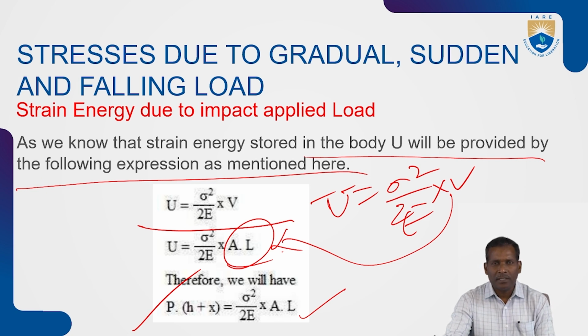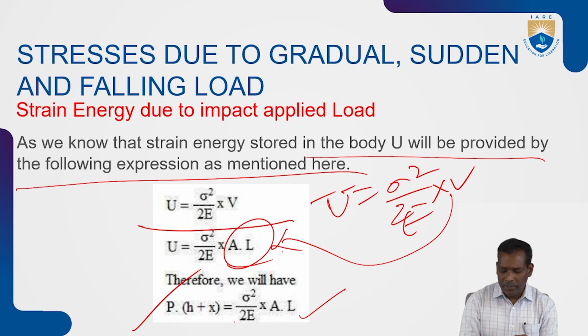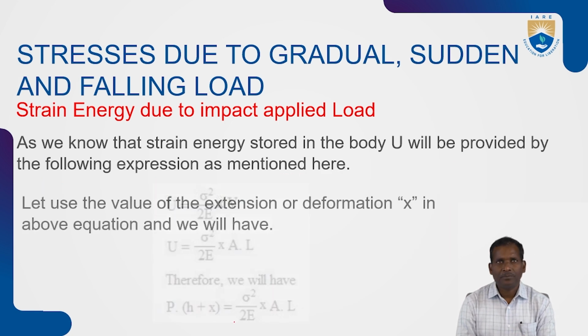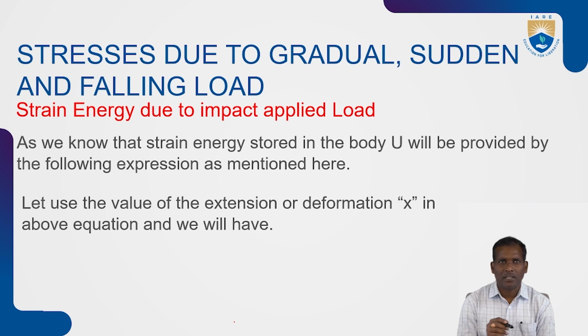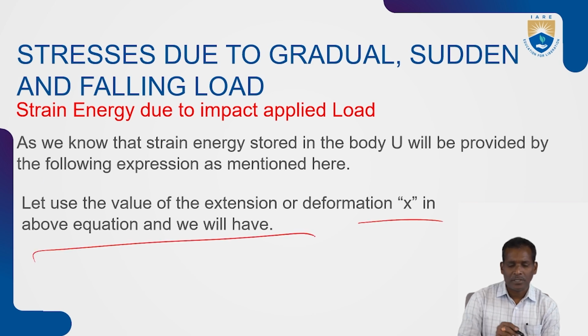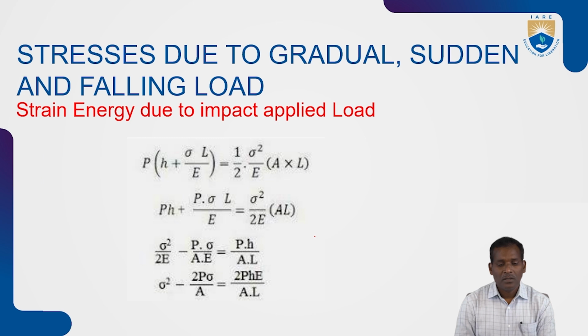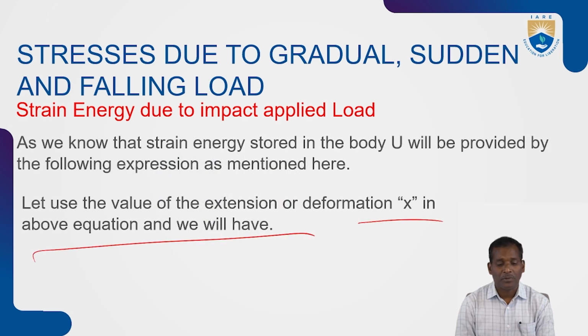Now the strain energy is equal to P into H plus X, equated to this equation. So as we know, the strain energy in the body is given by the following expression. Let us put the value of extension or deformation in the above equation.